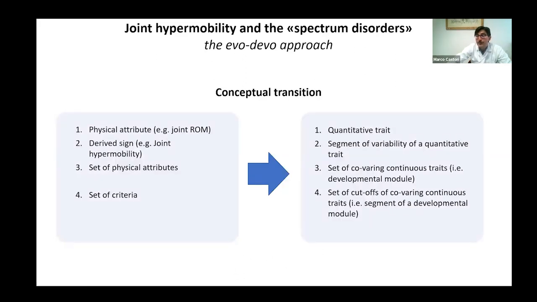In this scenario, joint hypermobility is recognized as a segment of a variability within the physical attribute called joint range of motion, which in part is assumed to have a normal distribution. The diagnostic criteria for a constitutional disorder which follows the laws of integration may be considered as specific cutoffs of the respective quantitative traits from which they derive.